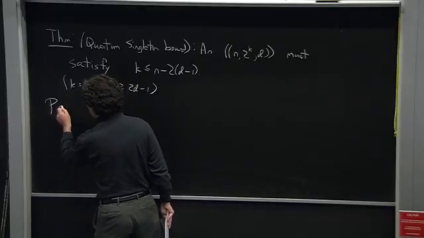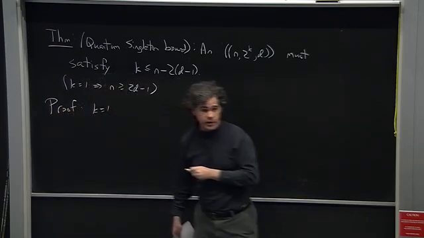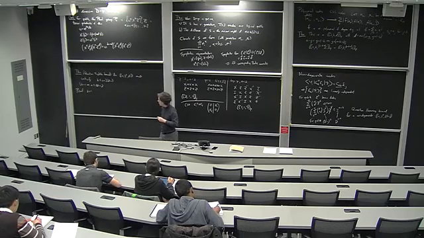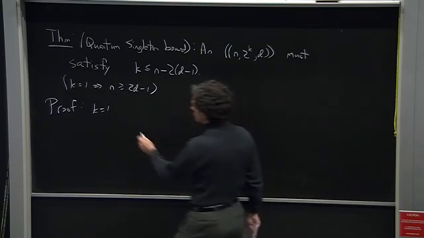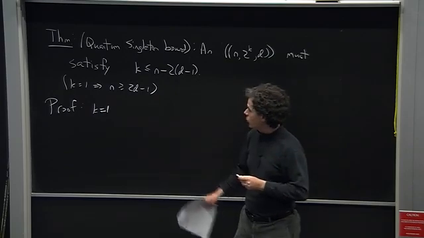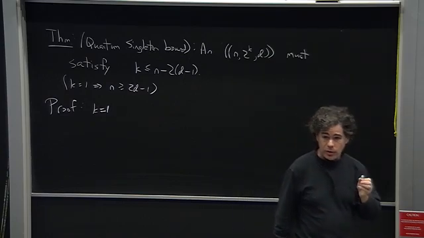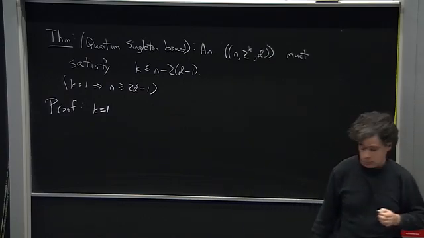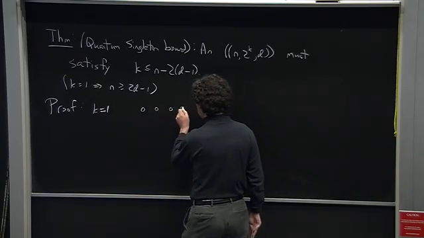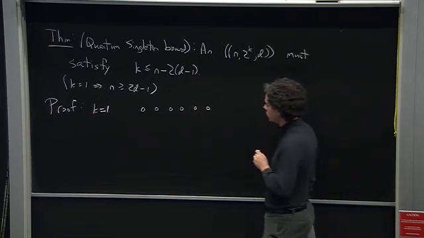And in fact, that case of k equals 1 is a particularly interesting and easy case to prove for this quantum singleton bound. Why? Well, let's think about k equals 1 and think about correcting erasure errors. Okay, so suppose we have these n qubits here, and we want to correct erasure errors.